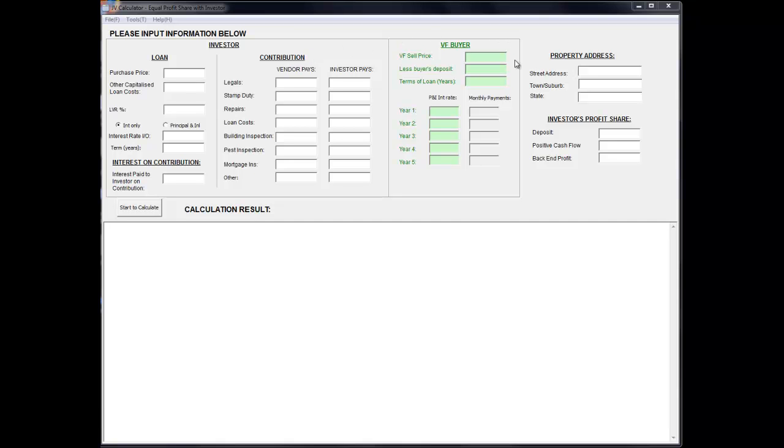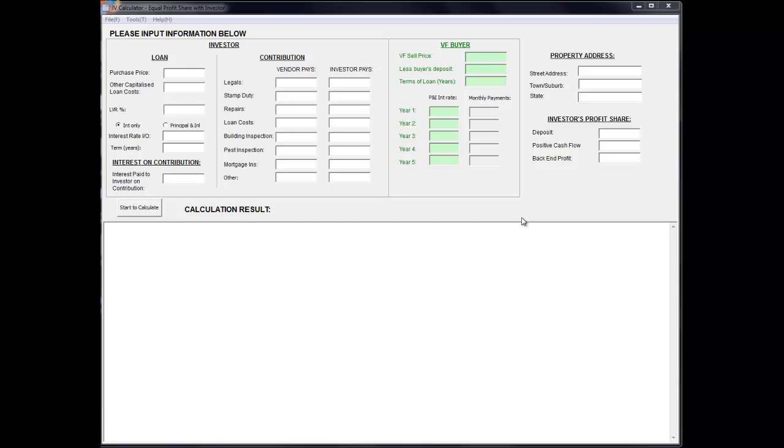In this area we detail how we're going to on-sell the property, the price and the interest rates we're going to charge, etc. Over here is just the address of the property, and one important factor is while we usually do our joint ventures on a 50-50 basis with our investor, some vendor financiers like to vary the percentages a little bit, and they can do that in this area here by putting in the investor percentage share in each of the deposit areas, the monthly cash flow and the back end profit.